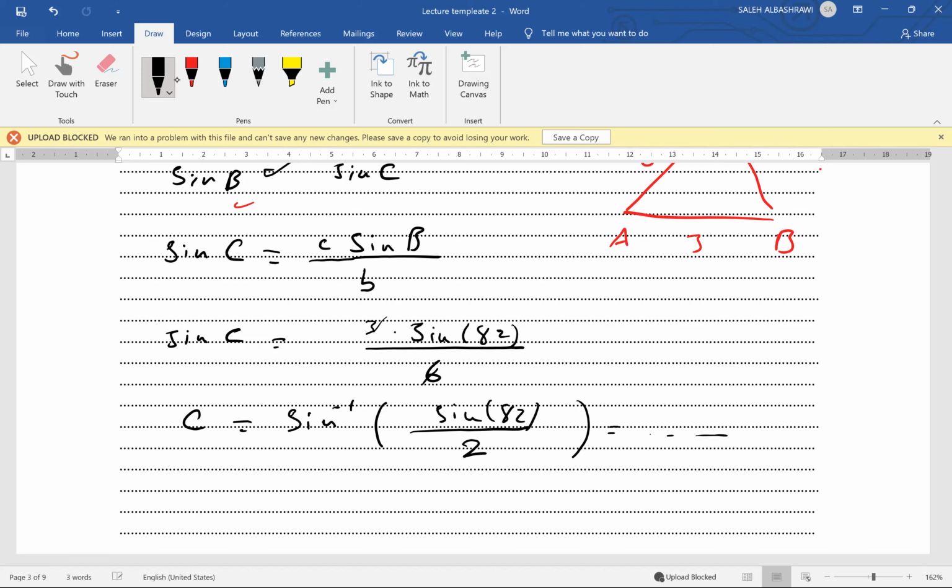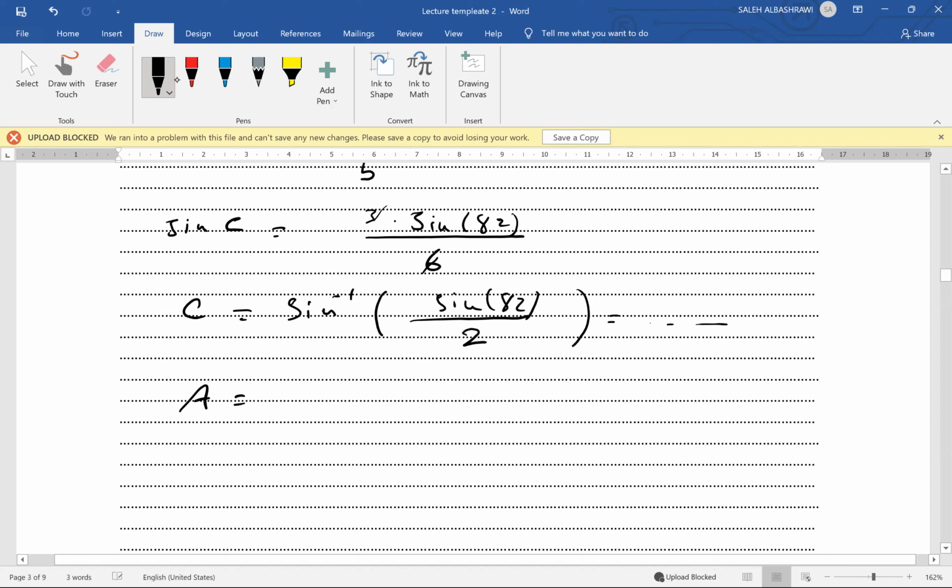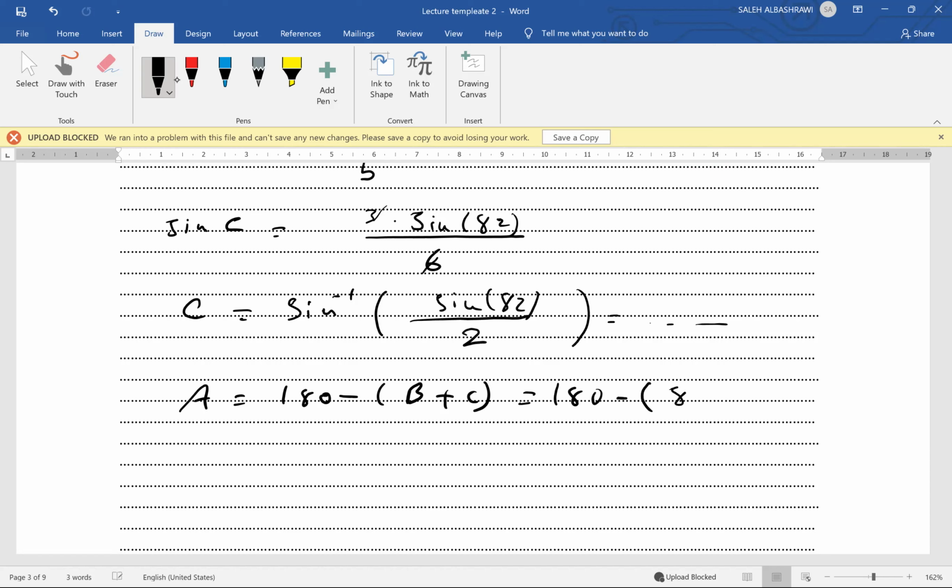So once I have C, we can find A. A is equal to 180 minus B plus C, which will be 180 minus B, 82, plus capital C, the one that we will get from this equation. I can just write it as sine inverse of sine 82 over 2. This will give me the angle A.